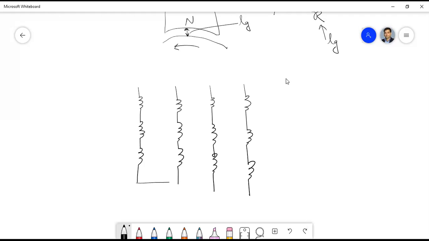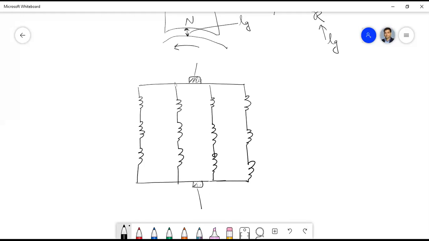These are all parallel paths, and you can connect them like this. These are the brushes, and you have seen there will be four brushes for lap winding. Anyway, I'm drawing only two, because the brush will ultimately short the thing.